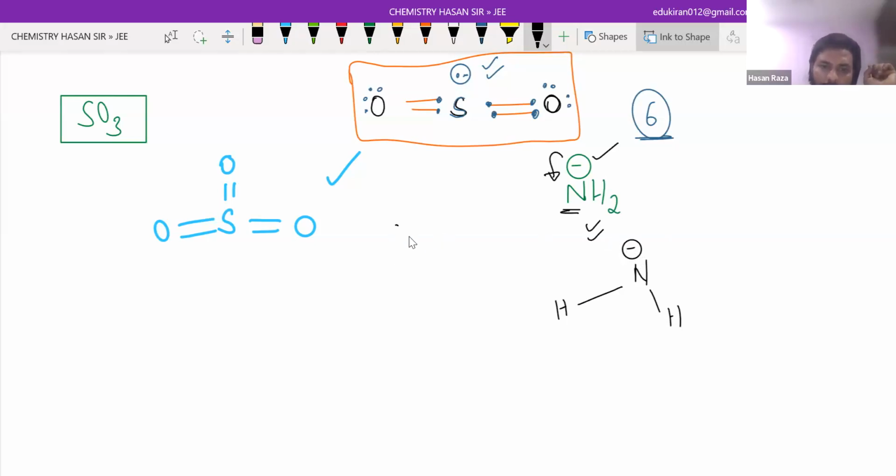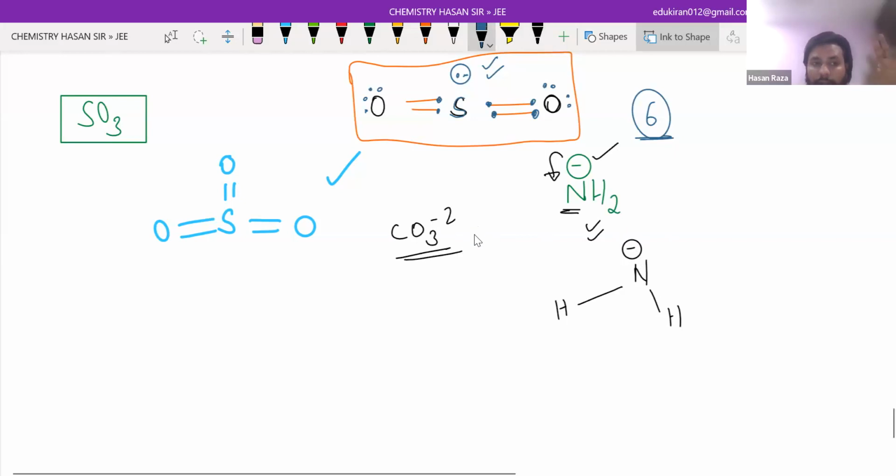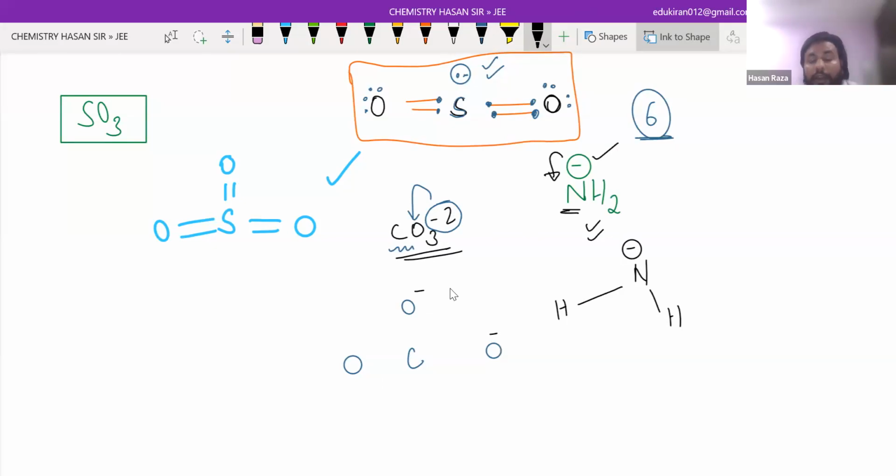Now, if you have CO3 minus 2, you can see the negative anionic compound is this. This is your anionic compound, and oxygen is there. Whenever oxygen is there and a negative charge is there, that means this negative charge is present on oxygen. First, you need to see the central atom. The central atom is C. You have 3 oxygens and you have 2 negative charges. So you are going to divide it, giving equally to 2 oxygen atoms, negative, negative.